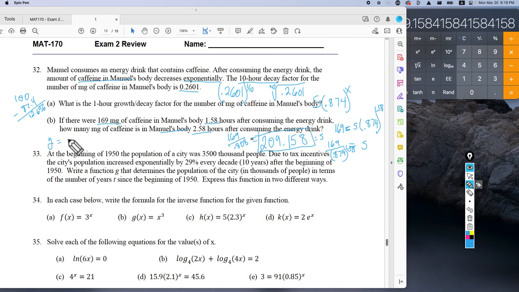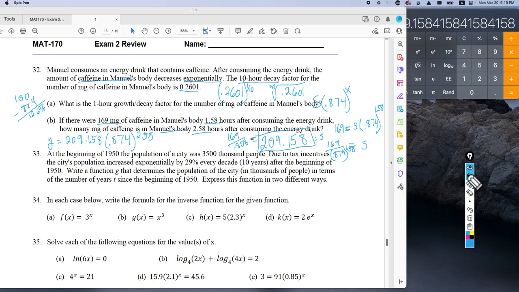The output is going to be 209.158, that's our starting value. Our 1 hour decay factor is 0.874. We're going to raise it to the 2.58 power. And this will give us our answer directly.